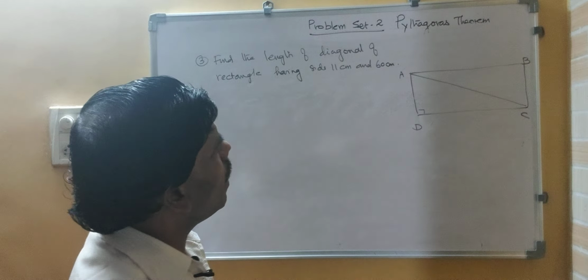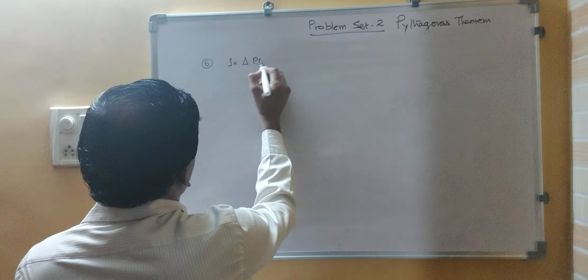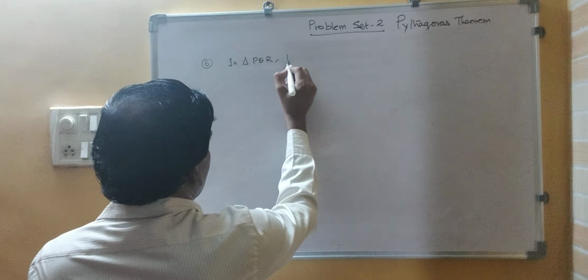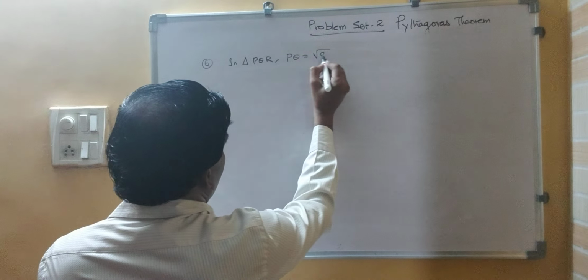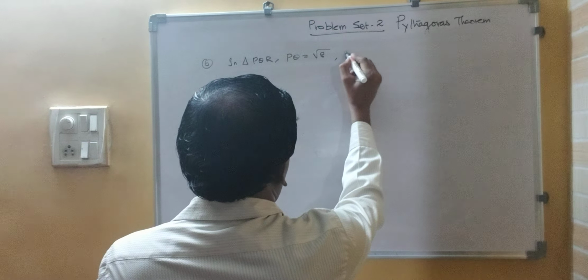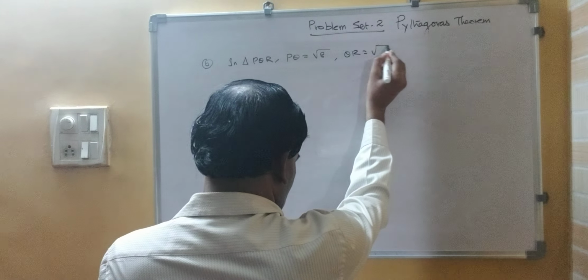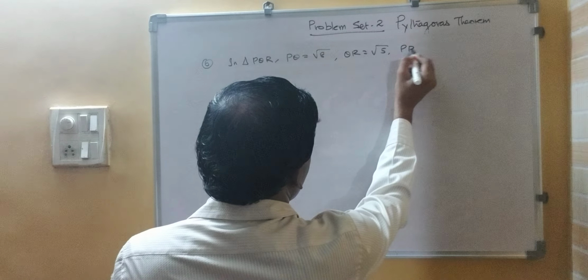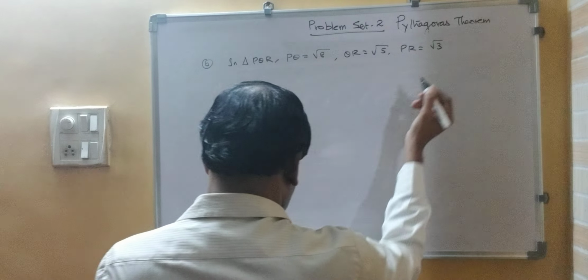Next sum is what? See here. In triangle PQR, PQ equal to square root of 8, QR equal to square root of 5, PR equal to square root of 3.